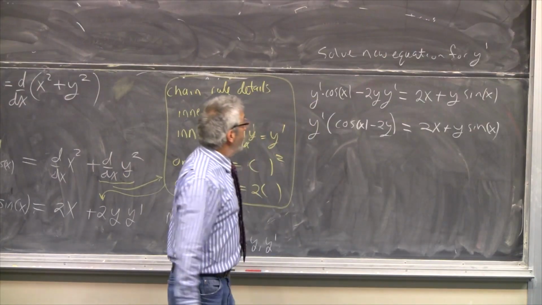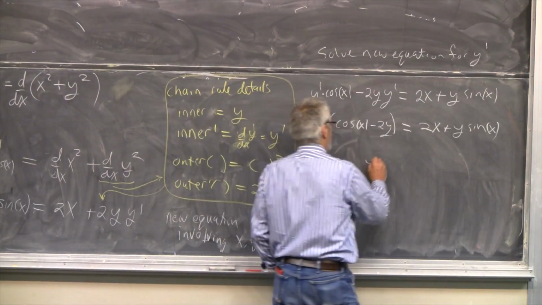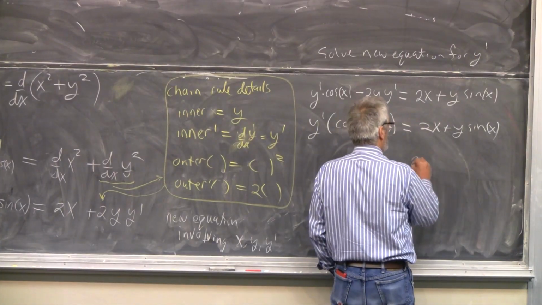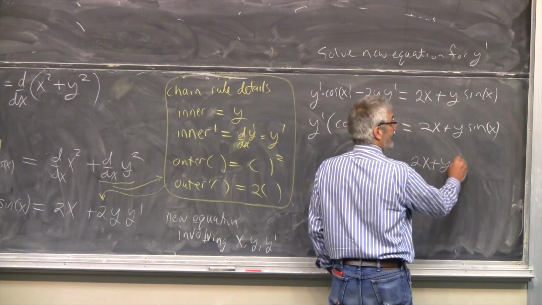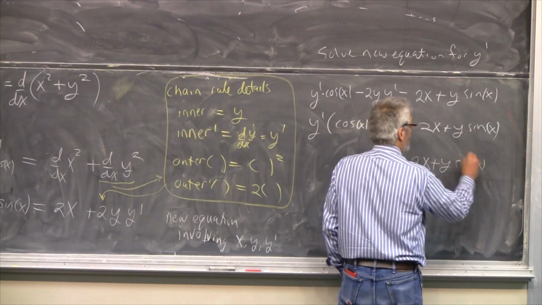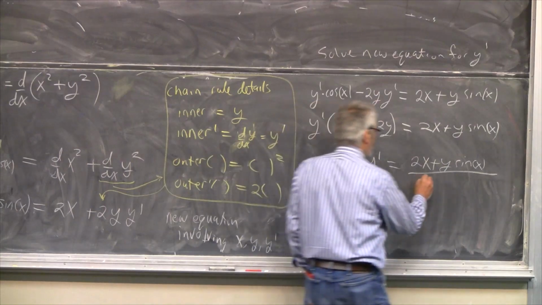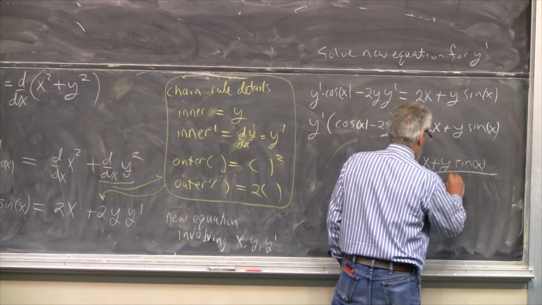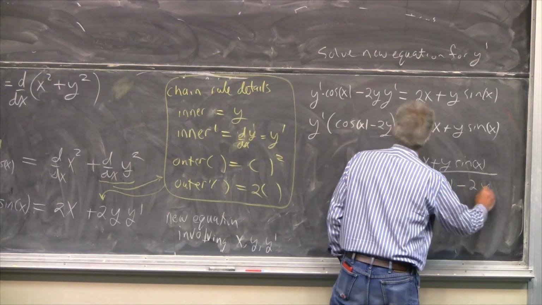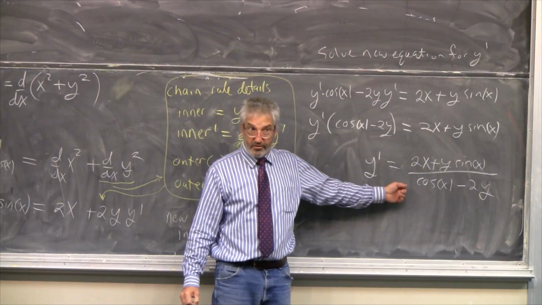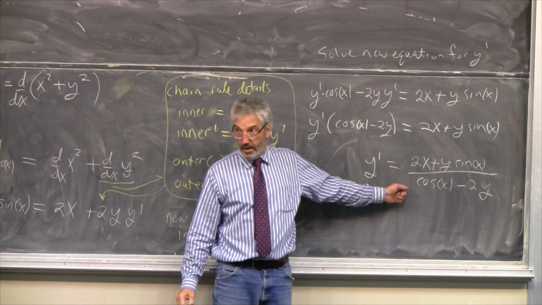Divide both sides by that term in parentheses, and I get y prime equals 2x plus y sine x divided by all that junk, cos x minus 2y. And notice that's an equation of the form y prime equals a bunch of junk involving both x and y.